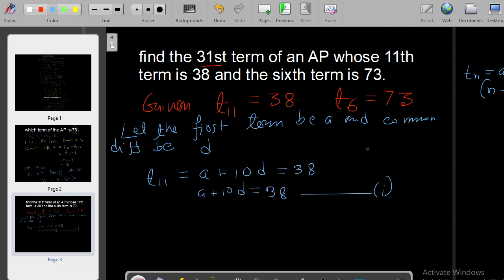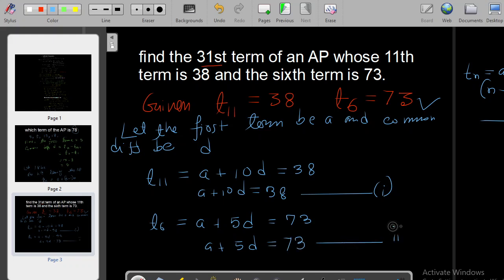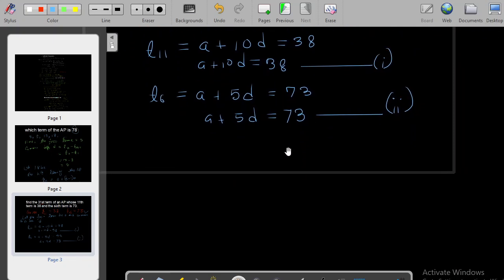Now we will form another equation with T6. According to this formula, T6 is A plus 5D, and it is given as 73. So A plus 5D equals 73. This is the second equation. Now we will solve these two equations and find the values of A and D first.